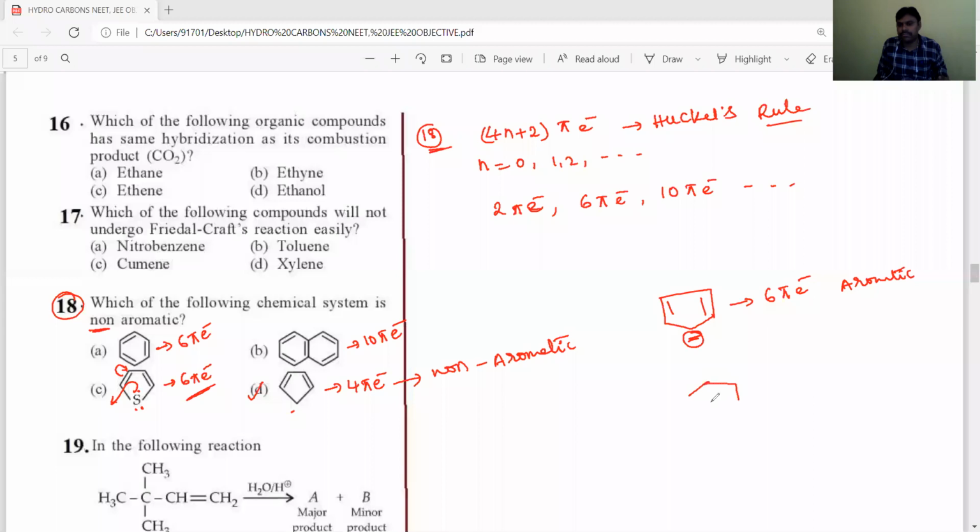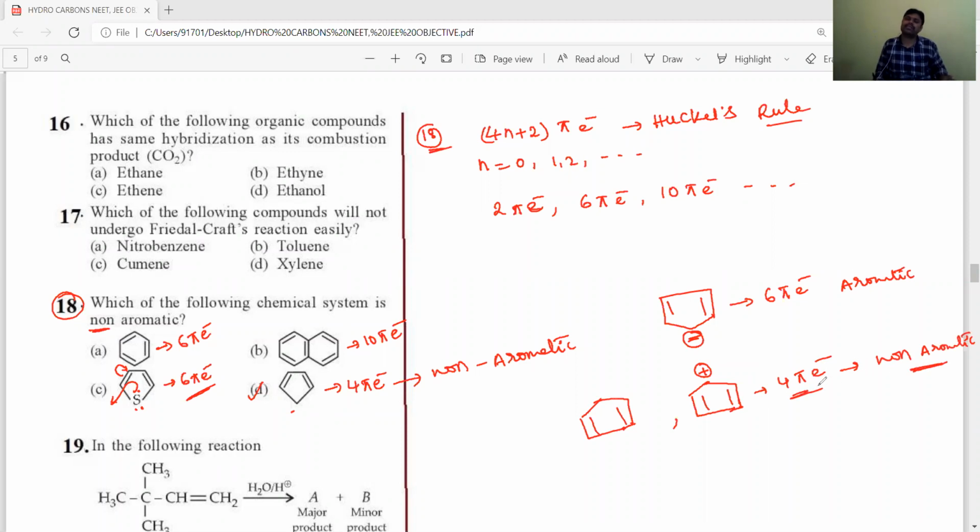Okay, the cyclopentadienyl cation: the positive charge is present, which means there are no extra pi electrons. That's why it has 4 pi electrons. Like cyclopentadiene, this is also 4 pi electrons. These are non-aromatic or anti-aromatic compounds.